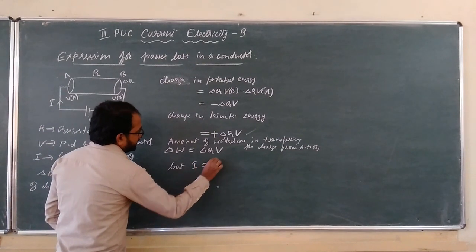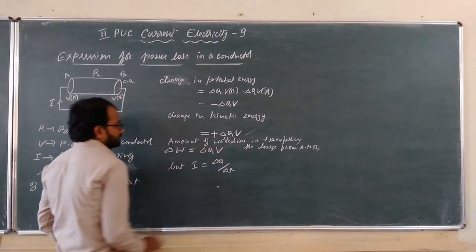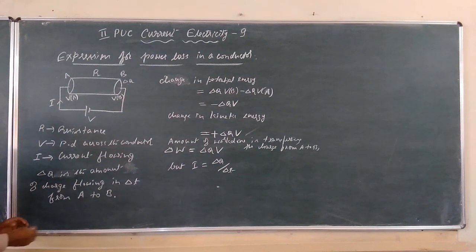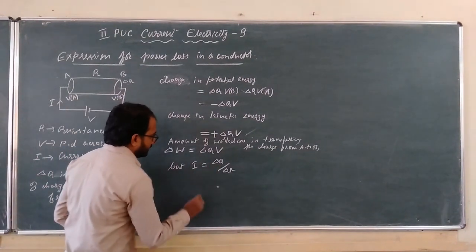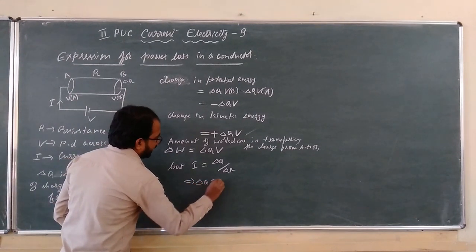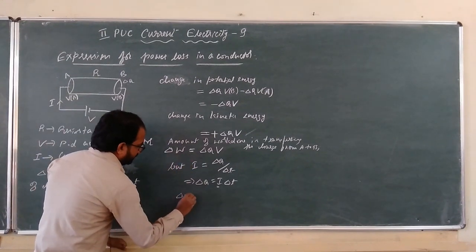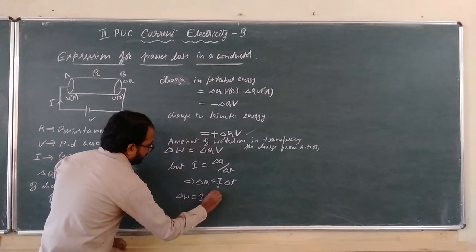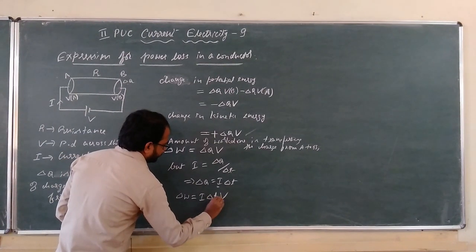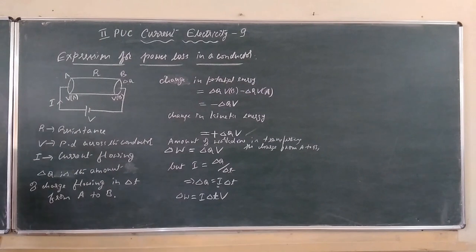Since current I is delta Q by delta T, where delta Q is the amount of charge flowing in a time interval of delta T seconds, delta Q is equal to I delta T. If I substitute here, delta W is equal to I delta T into V. So the work done in moving the charges is equal to the electrical energy dissipated in the form of heat, which is called Joule heating.